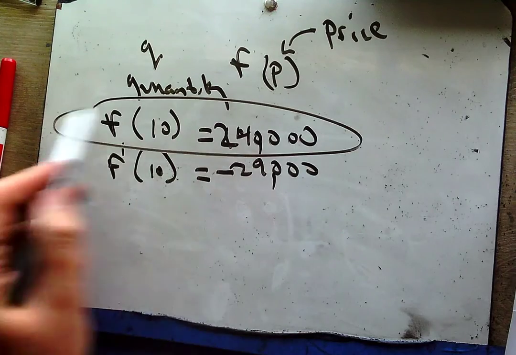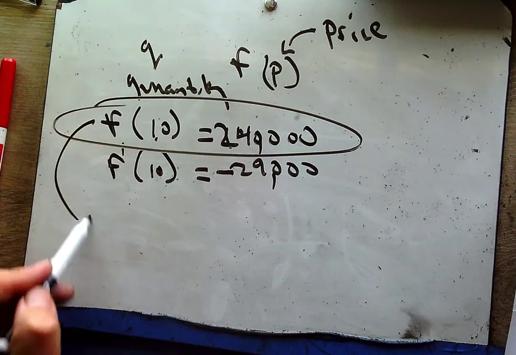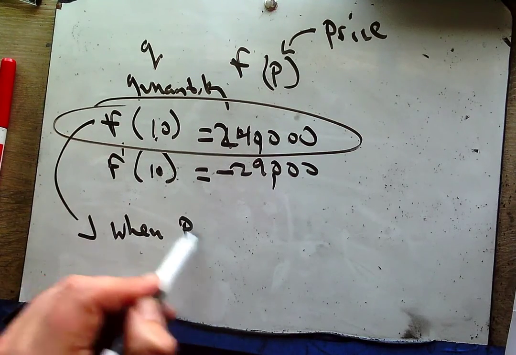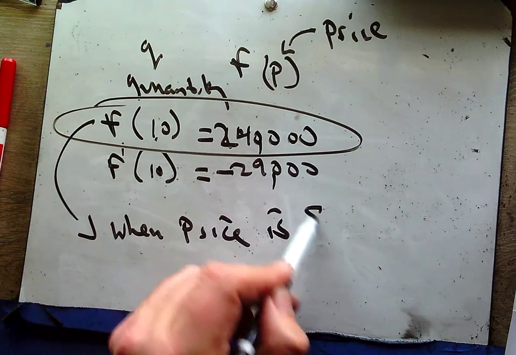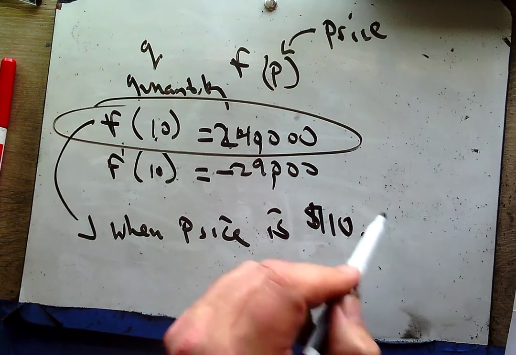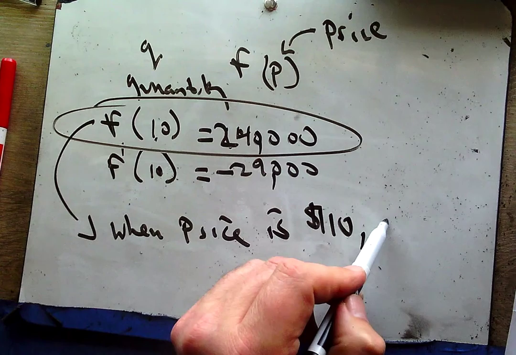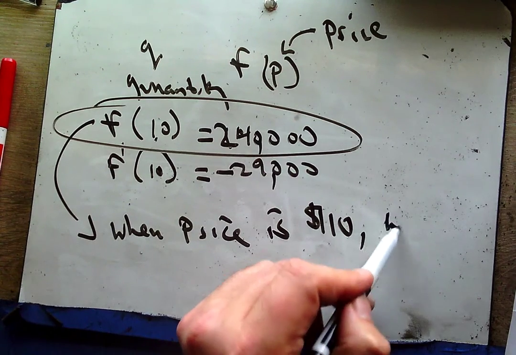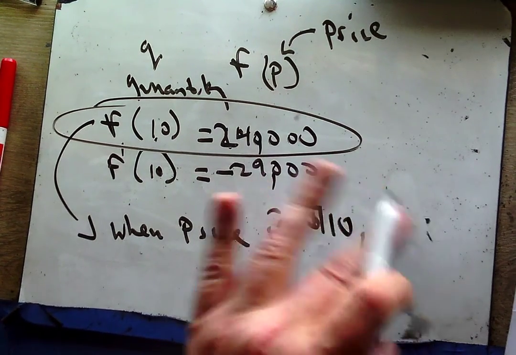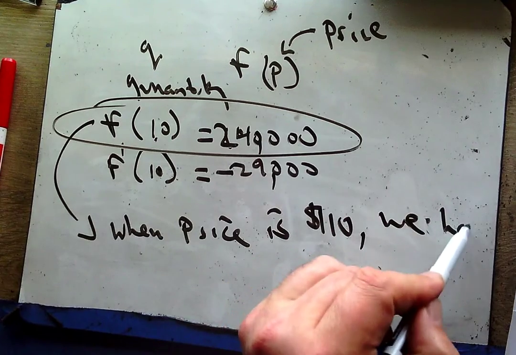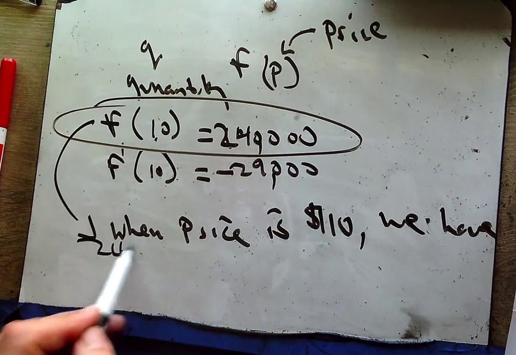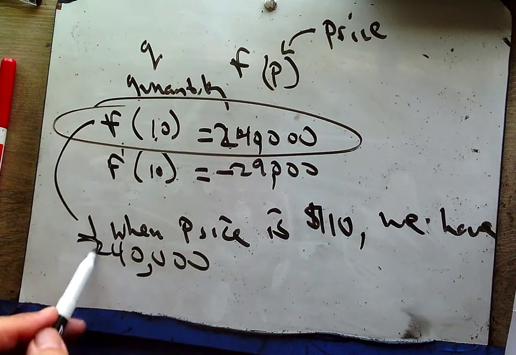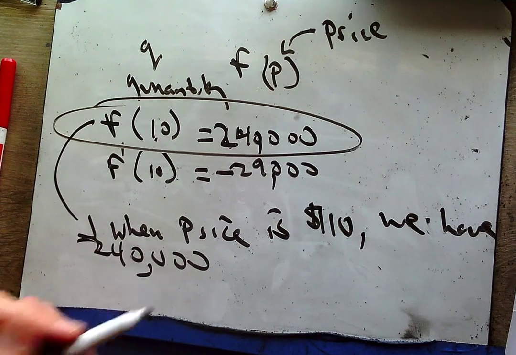Okay, so first this one. Input was price. When price is $10, we have 240,000 of these mysterious commodities sold.